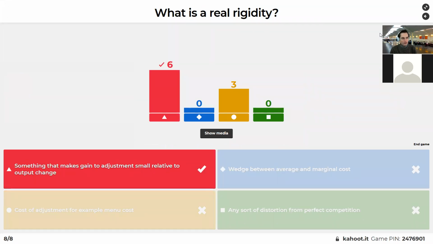Yeah. So it was something that I talked about in the slides, and it is a little bit subtle. Think about this menu cost model, right? Suppose that there's a negative shock and none of the other firms are adjusting, and you have to decide if you want to adjust. Suppose the elasticity of substitution is very low. That means that you don't actually gain that much from adjusting, because even if you lower your price, people are still going to buy from the other firms since the goods are not very substitutable.